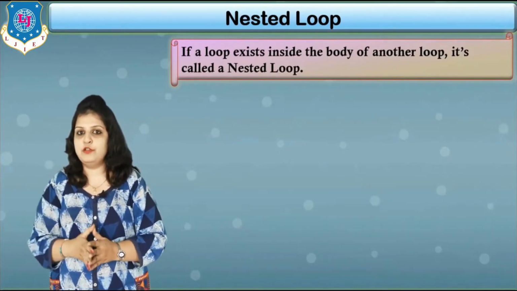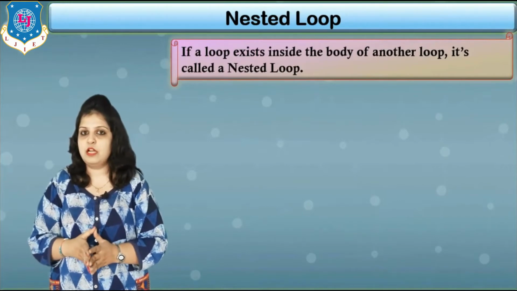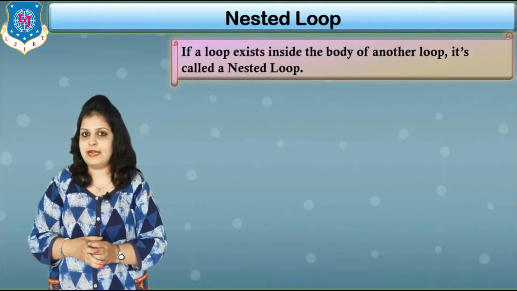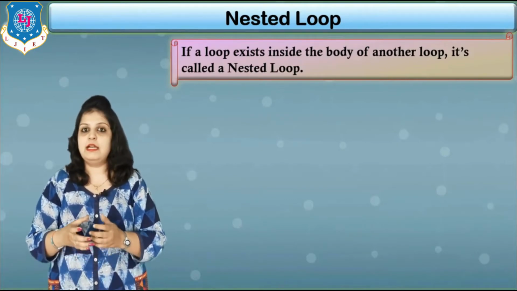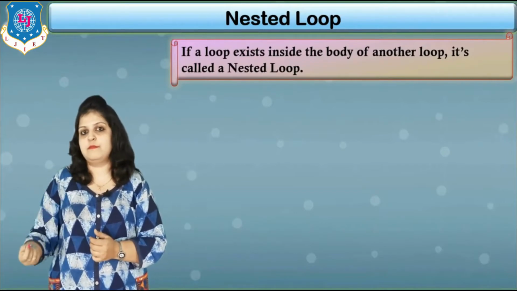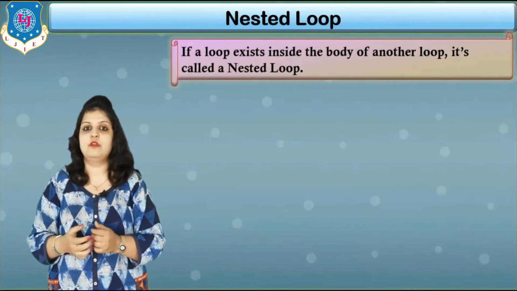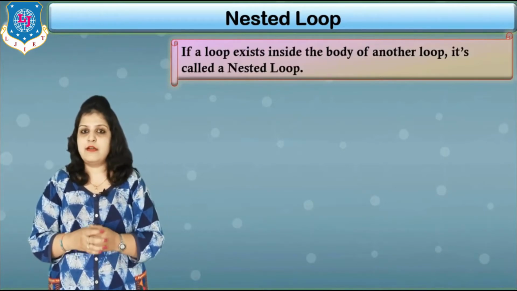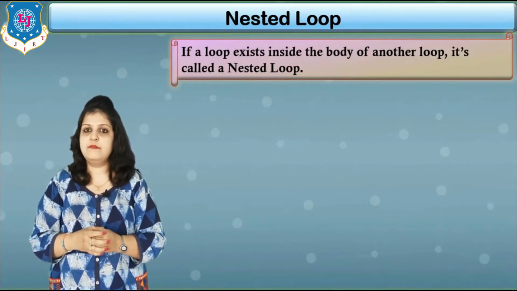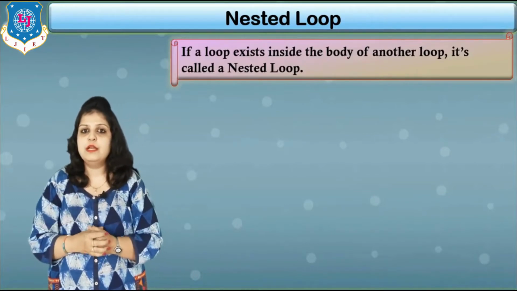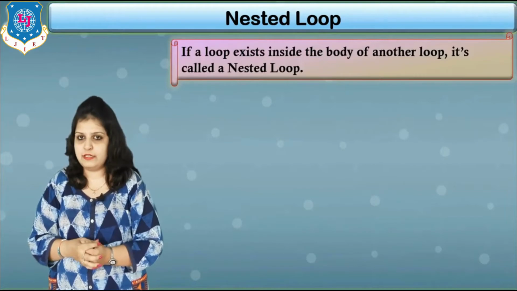In the next module, arrays, we will learn two-dimensional arrays, where we can do different types of matrix-related operations, and in a matrix we have a number of rows and a number of columns. So in that case we must use nested loops. The definition is: if a loop exists inside the body of another loop, it is called a nested loop.